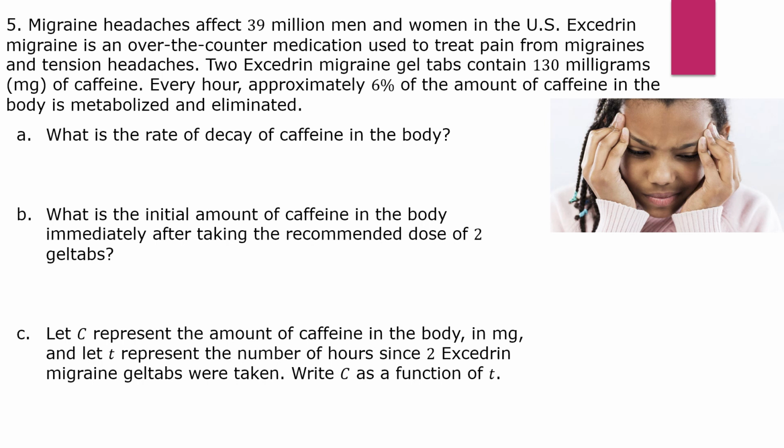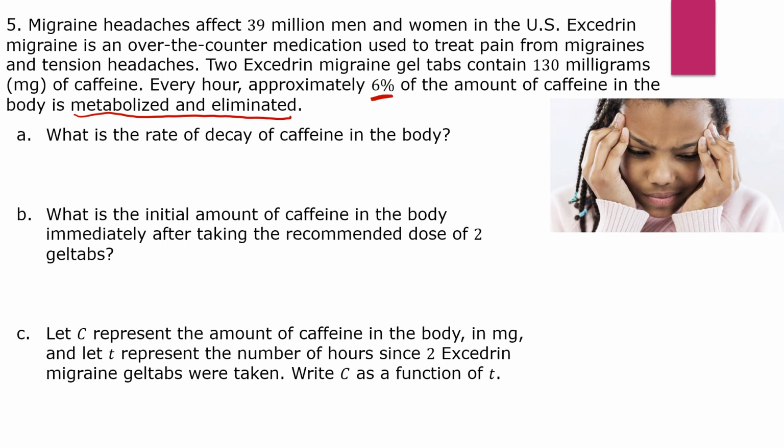So part A says, what is the rate of decay of caffeine in the body? So decay means if something is decaying, it's going down, it's dying, it's not living. So our ratio for this is going to be decreasing each time. If we reread this last sentence, it says every hour approximately 6% of our caffeine is metabolized and eliminated.